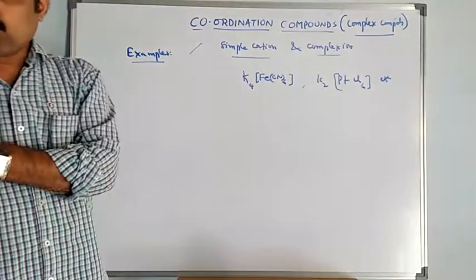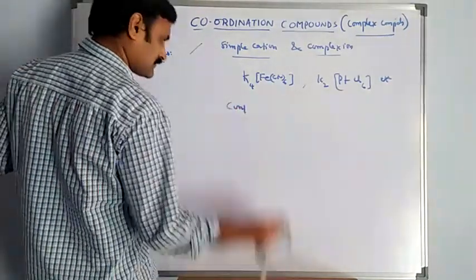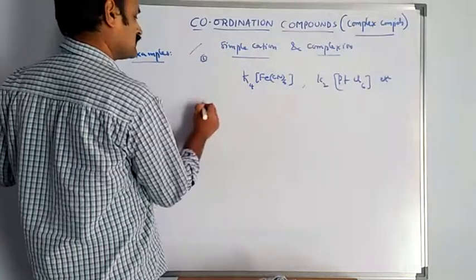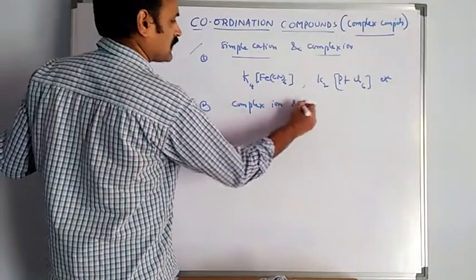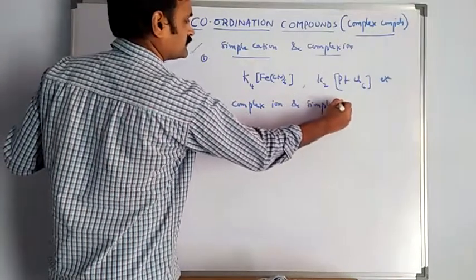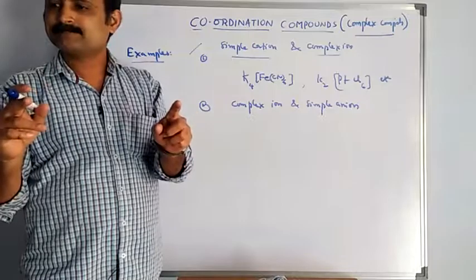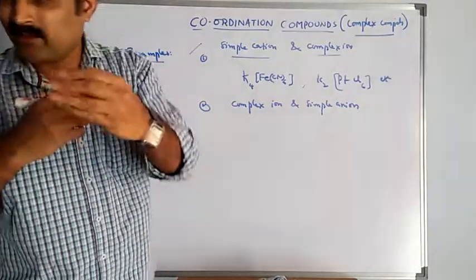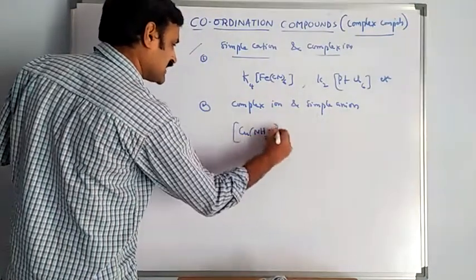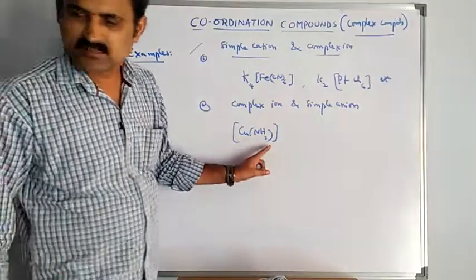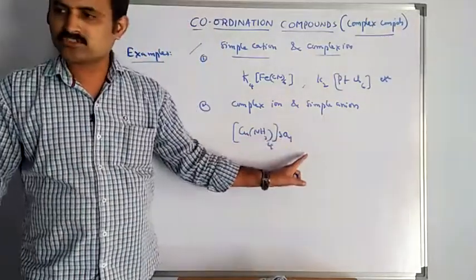Next, we have a complex ion and a simple anion. Complex ion means first we write the square bracket, next we write the anion. So, we write the square bracket, inside that we write copper with 6, or you can write 4 as the coordination number, and sulfate we write outside.